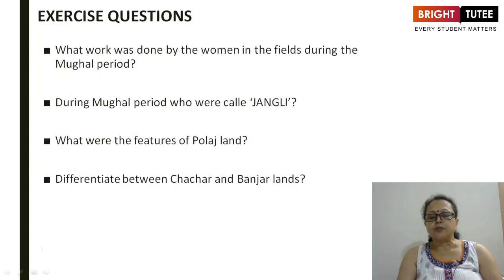These are the questions which we have to solve at the end of the chapter. What work was done by women in the fields during the Mughal period?